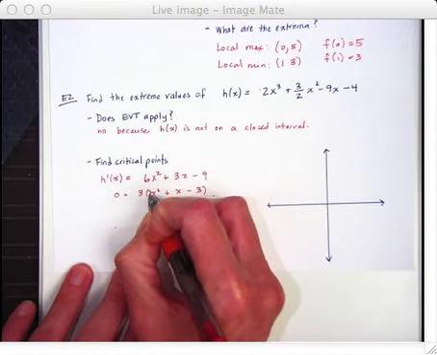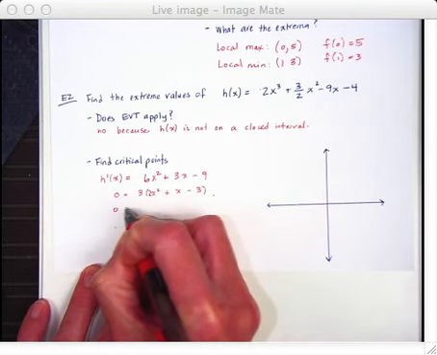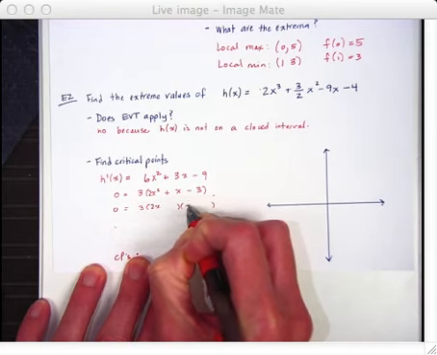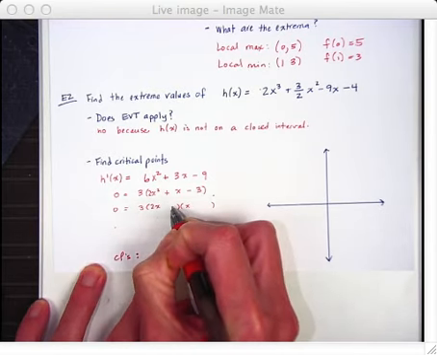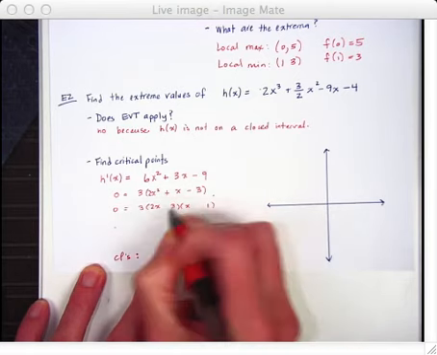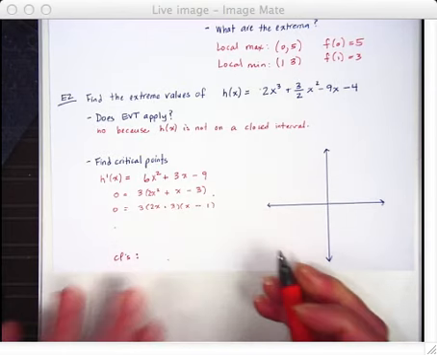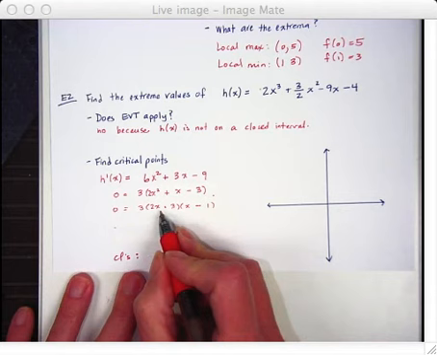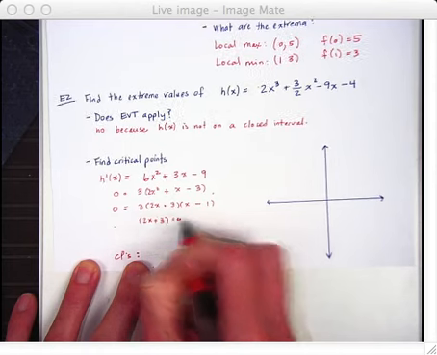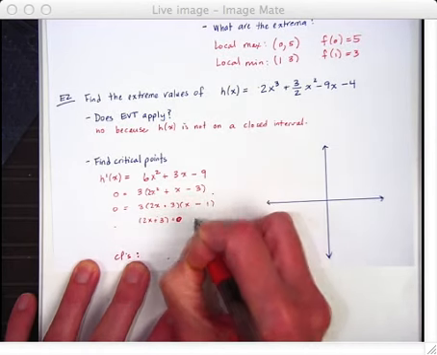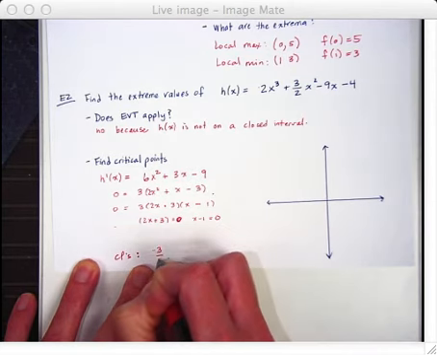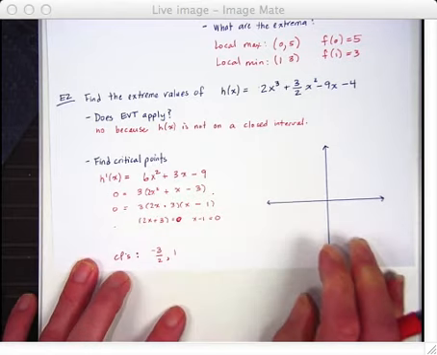So 0 equals 3 times, I'm going to put a 2x here, an x here, a 3 here, a 1 there, and this would become plus and minus. So I get 2 values of x. I have to set the 2x plus 3 equal to 0, and x minus 1 equal to 0. So my critical points are negative 3 halves and a positive 1.